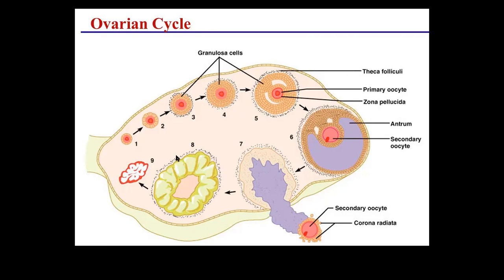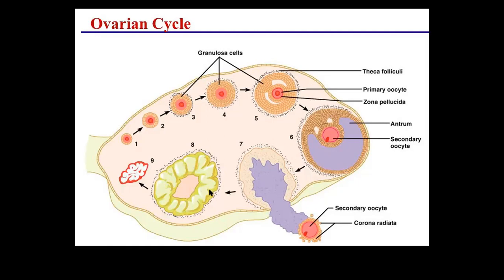Now corpus luteum can be a short note question. How is it formed? Now we know how it is formed. What is its fate? Its fate depends upon fertilization. If fertilization happens, it will stay for a period of 3 to 6 months and secrete progesterone.